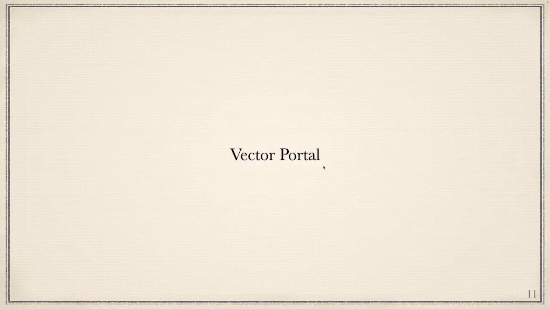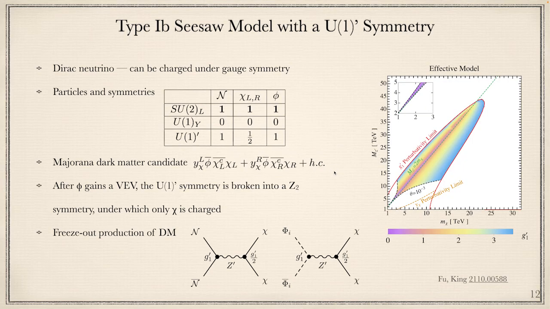Okay, finally, let's talk a little bit about vector portal dark matter in the type 1b Seesaw model. If we consider a U(1) gauge extension of the type 1b Seesaw model, we'll find something fancy.